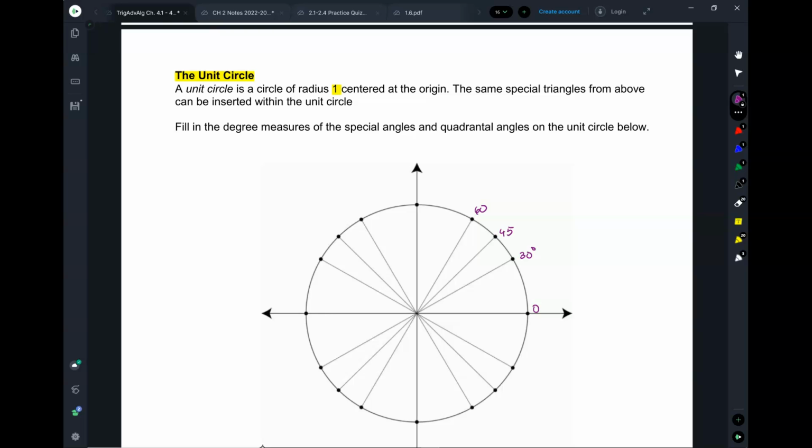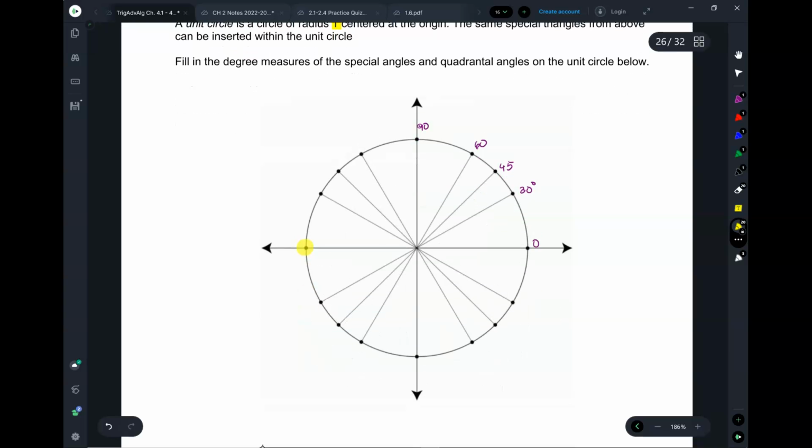Now, the one up here is how many degrees? 90, right? What about the one here? How many degrees is the highlighted one? 120. The highlighted one. 180.